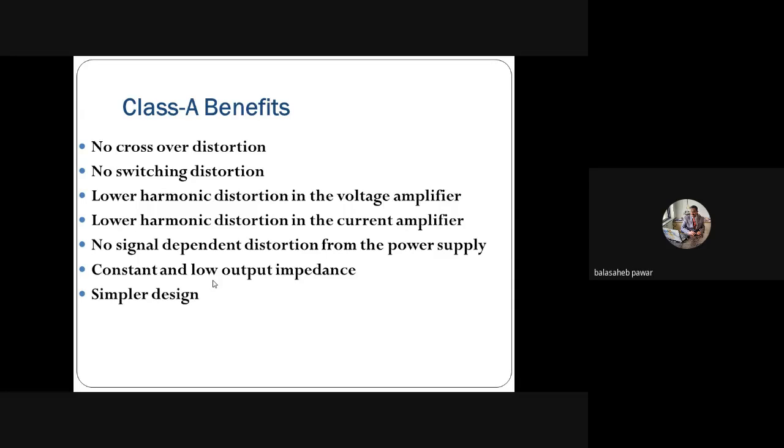Ideally it is 0 ohm, so that the maximum power gets transferred from amplifier to load. Class A provides somewhat low output impedance, so in that consideration it is best. And the last one is the simpler design.